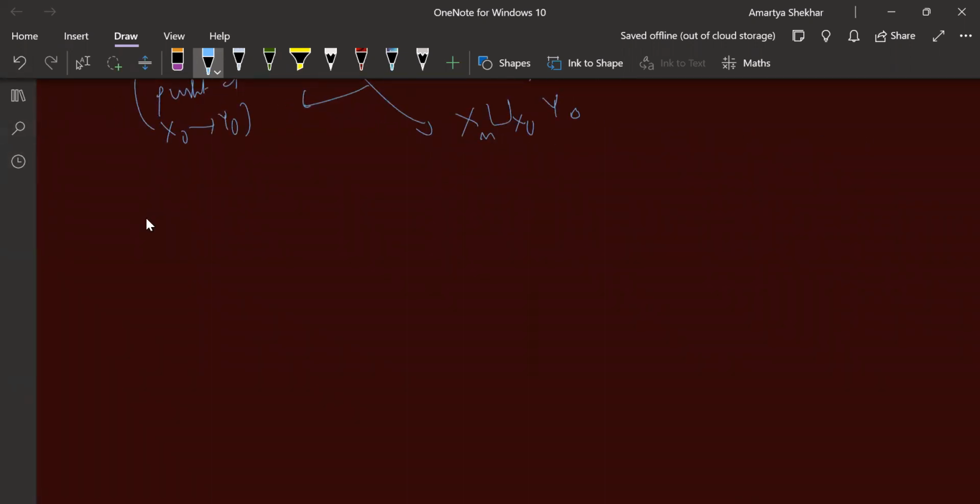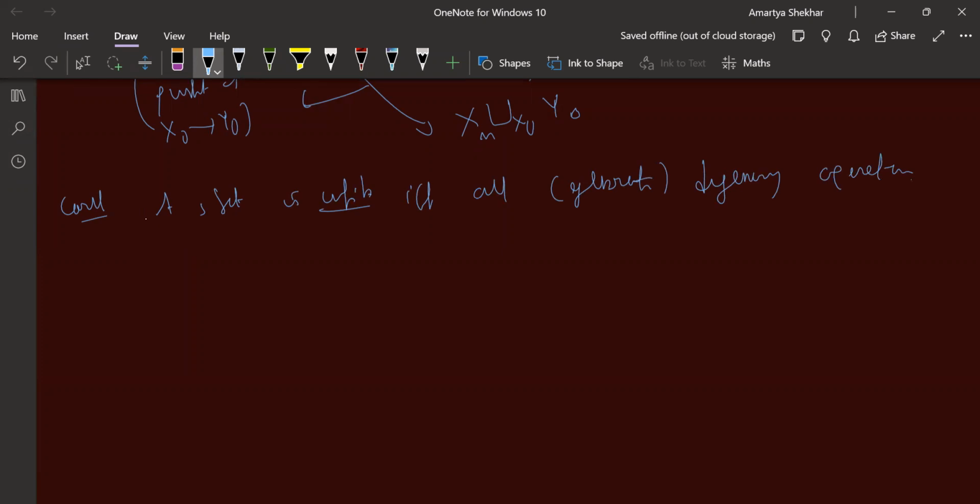So again, some important corollaries that I'll write. A simplicial set is said to be cofibrant if all generating degeneracy operators act on it by decidable inclusions. Can't give a proof.